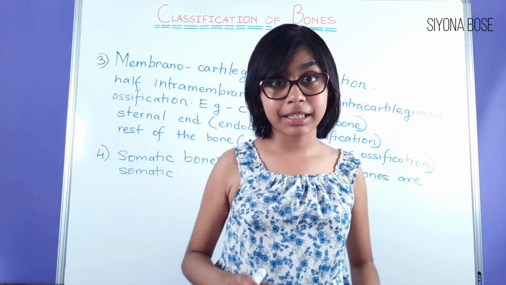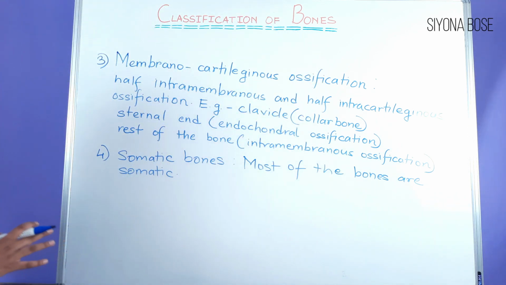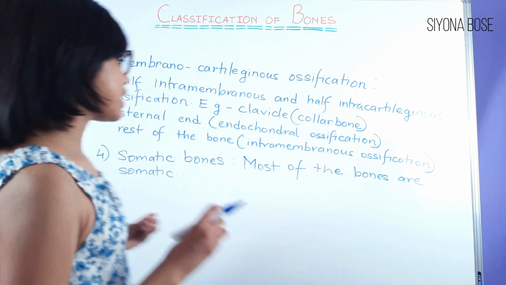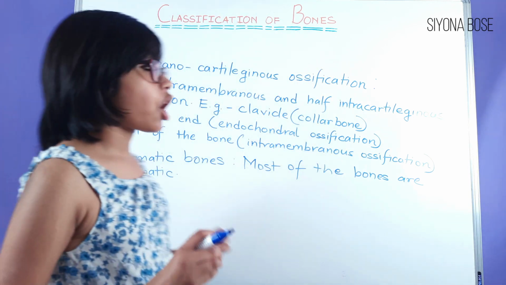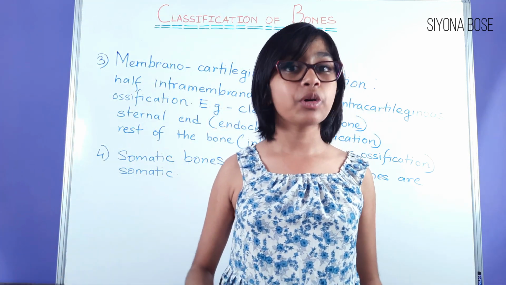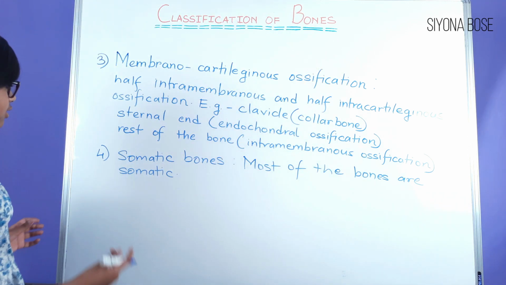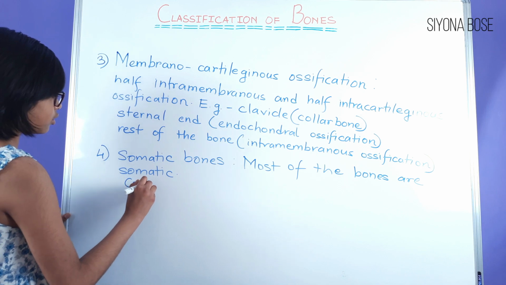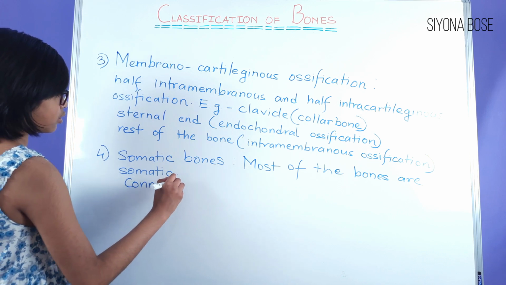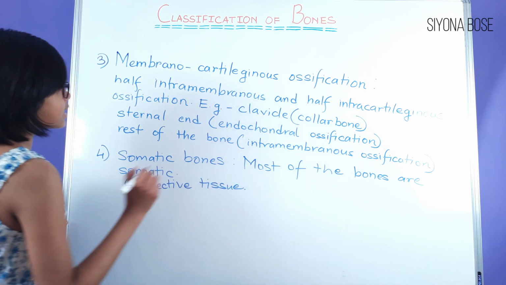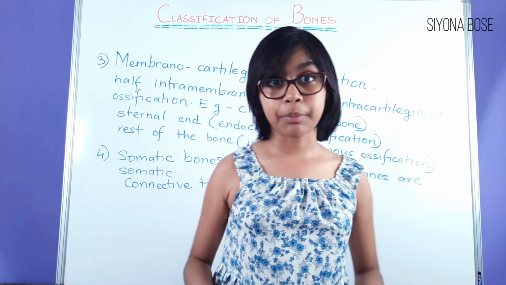Well, what does somatic mean in case of bones? Previously we discussed the definition and composition of bones, and we came to know that there was a percentage of connective tissue. The bones which mainly consist of connective tissue are the somatic bones.